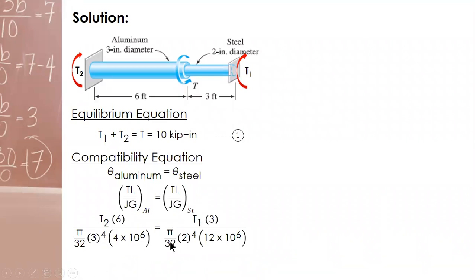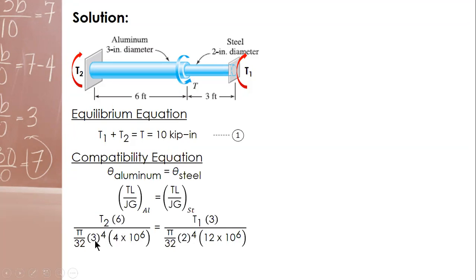And then you cancel terms like pi over 32, cancel, 10 raised to 6, cancel, 3 and 12, cancel, na 4. 4 and 4, makancel. So, what remains are 6, 3 raised to 4, and 2 raised to 4.